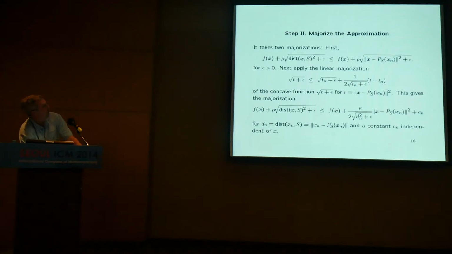I show in the middle of the slide this linear majorization. If you substitute for t the Euclidean distance squared, you come down to the bottom inequality, where I've collected the garbage into this constant Cn, which may depend on the current iterate, but does not depend on the next iterate. So the right-hand side of that bottom inequality now gives us a surrogate function which we can minimize and drive the approximation to Clark's exact penalty function downhill.